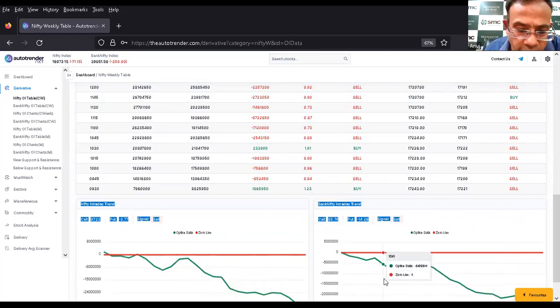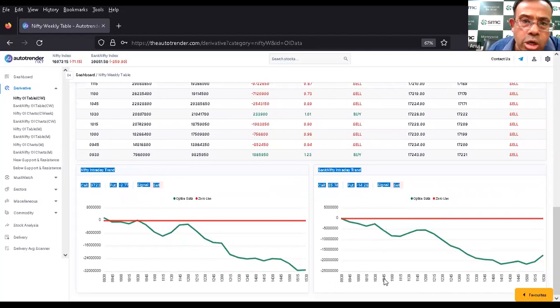Why is charting important? It's just because it gives you a very good visual appeal. Visual appeal is quite important because it is much easier to understand. Sometimes if I give you figures to analyze, you may not be able to take account of that. But when you see the charts, it is quite simple.